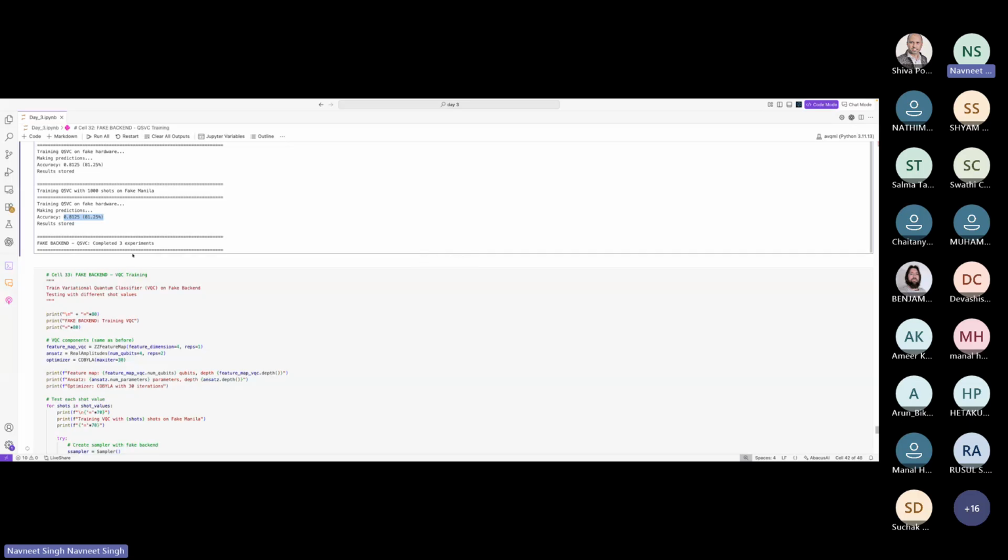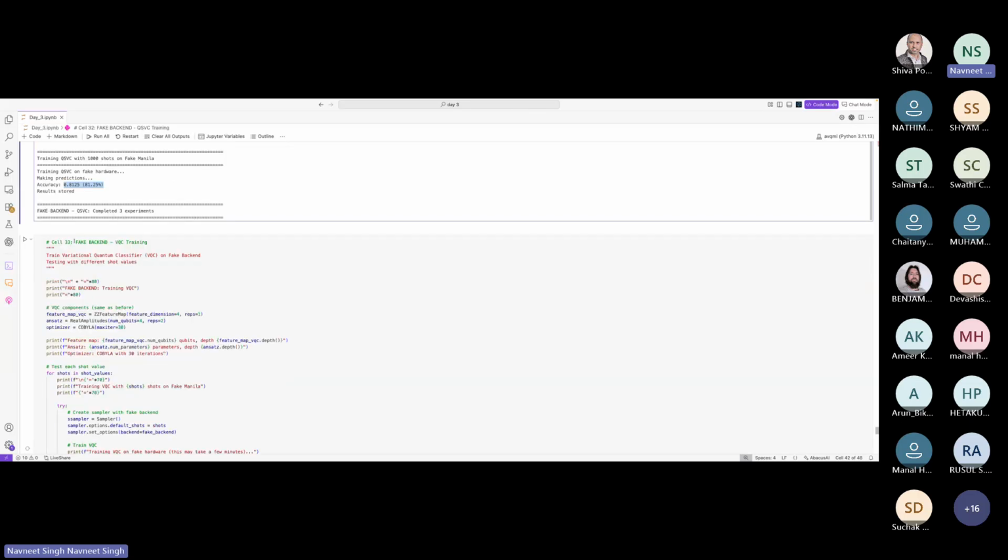Once that is also running, you can use your fake backend so that you can choose a specific quantum computer to run your model, because not every quantum computer is built for your model.